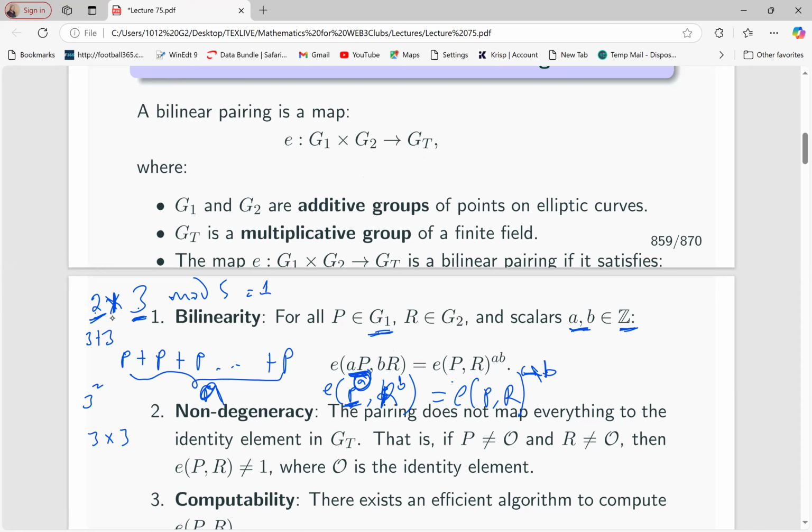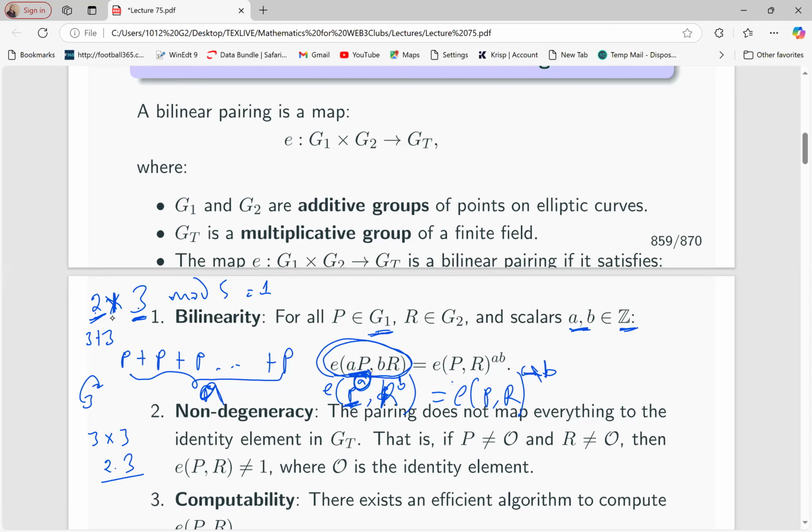And in an additive group, we do not have multiplication. Actually, we are not multiplying. It just means 2 times 3. In fact, since it's an additive group, this is the best way of writing it.